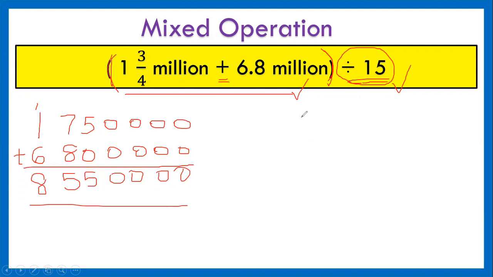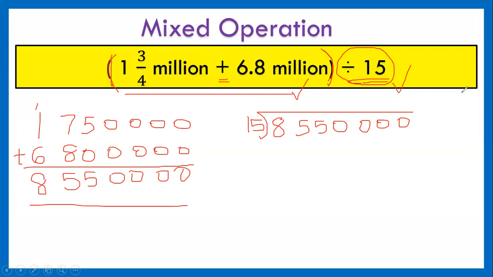So divide by 15. Yes, you got no choice but to do the standard written method. 8,550,000 divide by 15. Now, I hope you know that the times table of 15 isn't that difficult. I'll do the times table up here in blue.